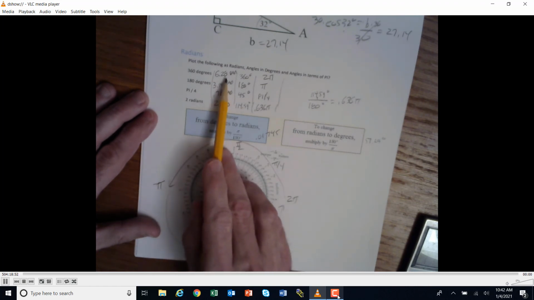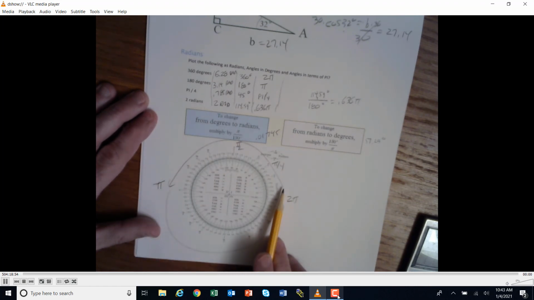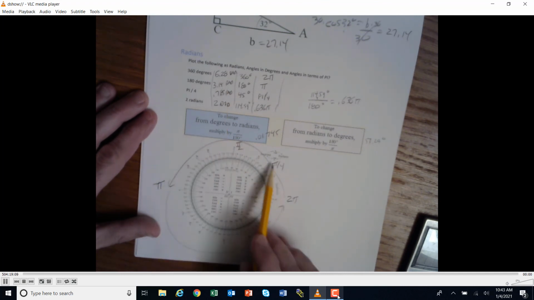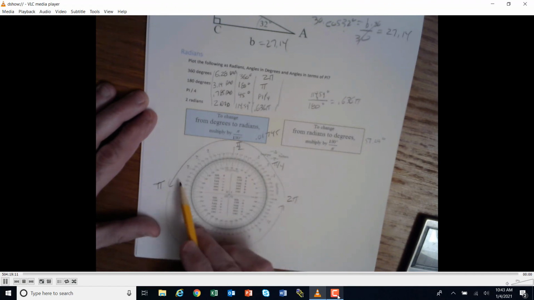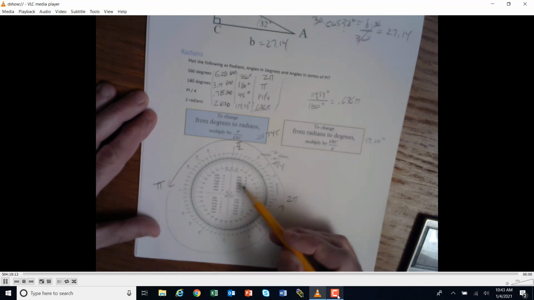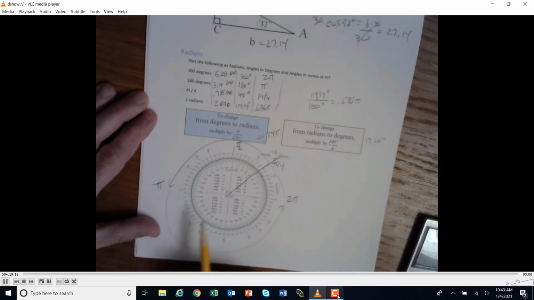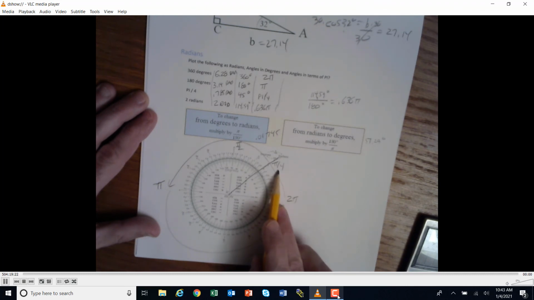So 360 degrees is 2 pi, 6.28 radians. 180 degrees is half of that, which when you look up here is 3.14 radians, and that's called pi. If I pick 45 degrees right here, it's going to be pi over 4.